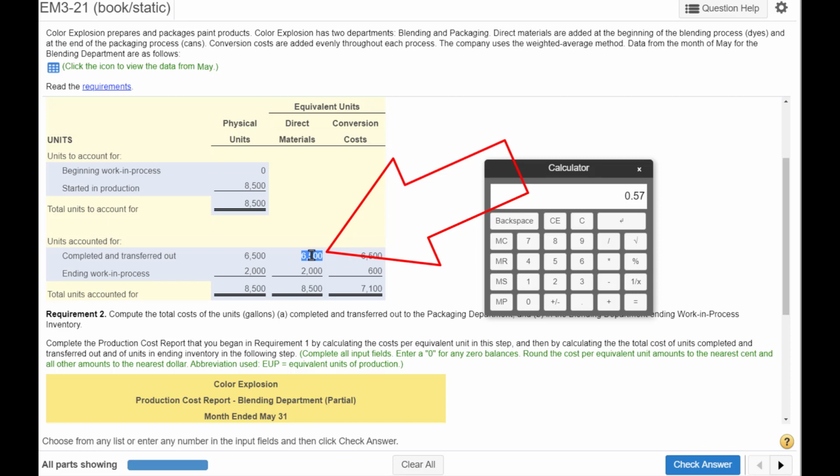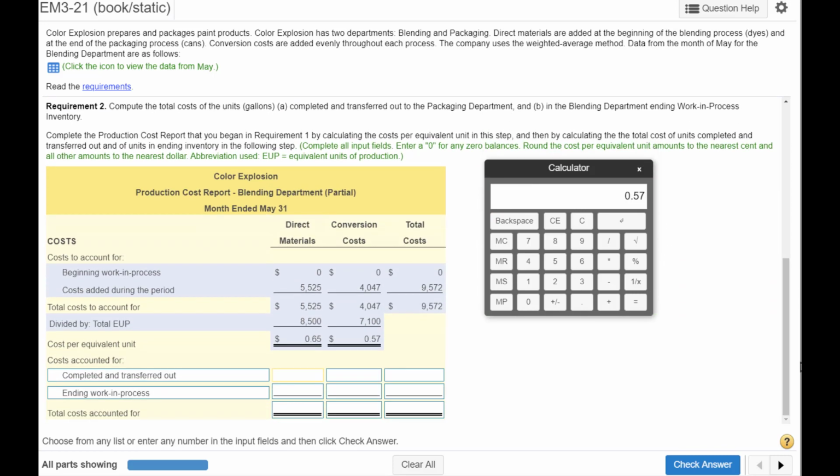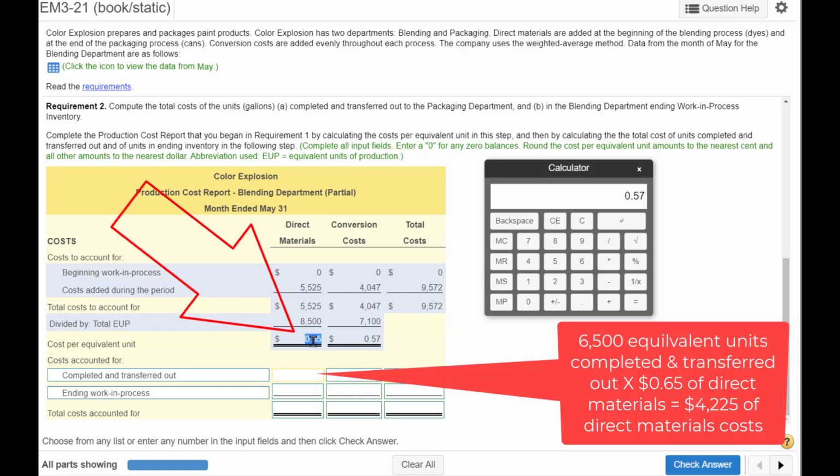We're going to take 6,500 times this 65 cents. So 6,500 equivalent units times 0.65 equals 4,225.